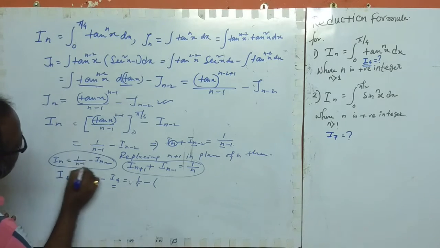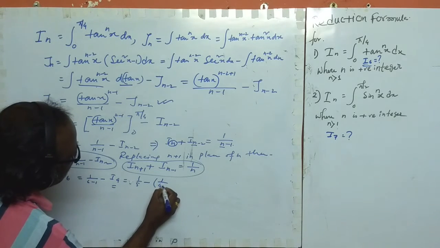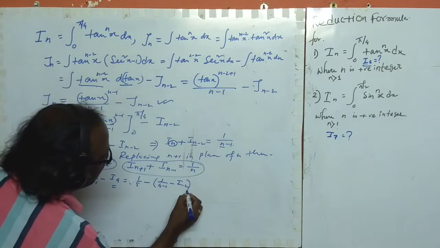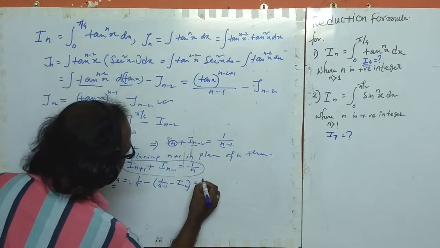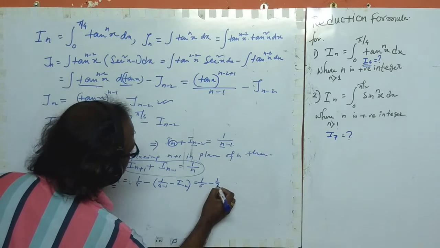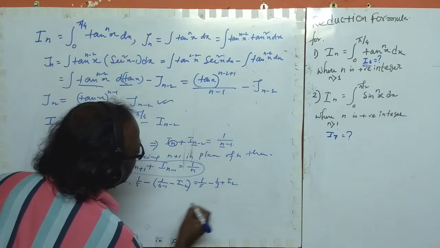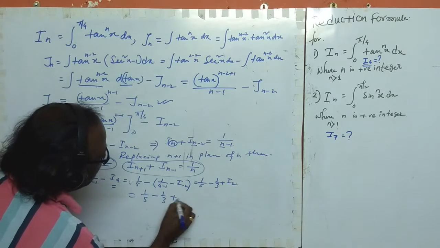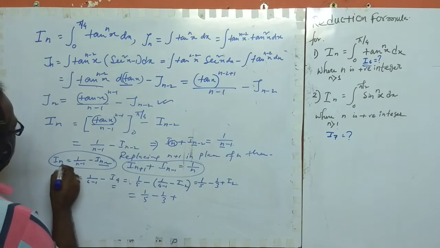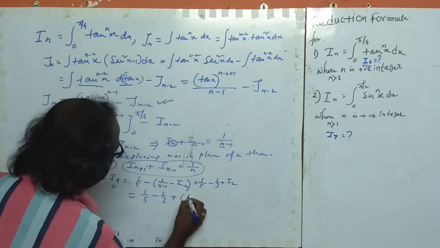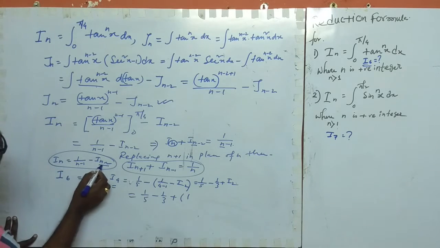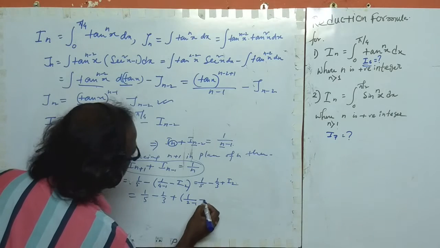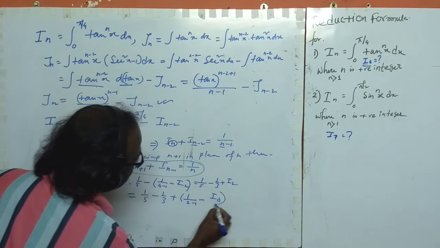I4 means, again we write 1 by 4 minus 1, and this 4 minus 1 means 3. So again we write 1 by 5 minus 1 by 3 plus I2 here. And that will be 1 by 5 minus 1 by 3 plus I2. I2 means 1 by 2 minus 1 minus I suffix 0.